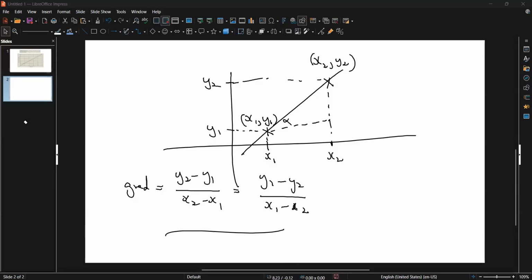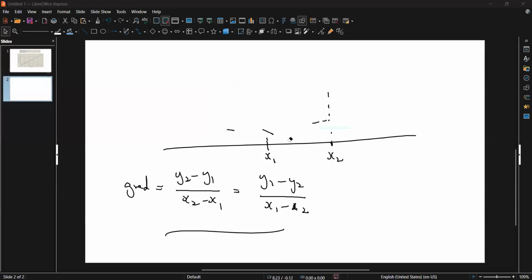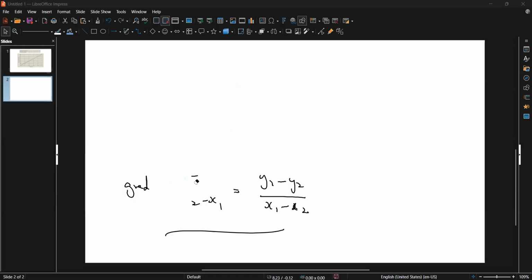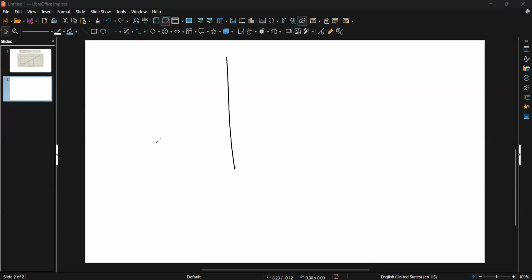So I'm going to remove this because I want to use a curve. If you do have a curve, what happens? Let's say you have, as I said, a displacement-time graph that's a curve.